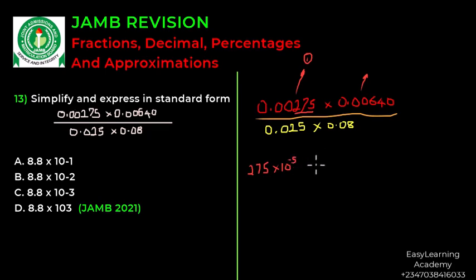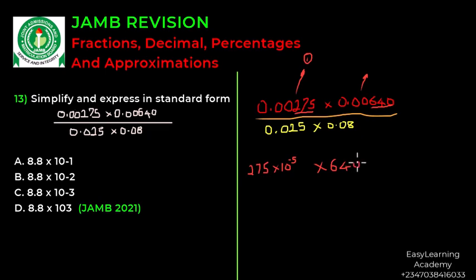So we come over to this one and bring the multiplication sign again, and then write out the significant number, and that is 640. 640 is the significant number.